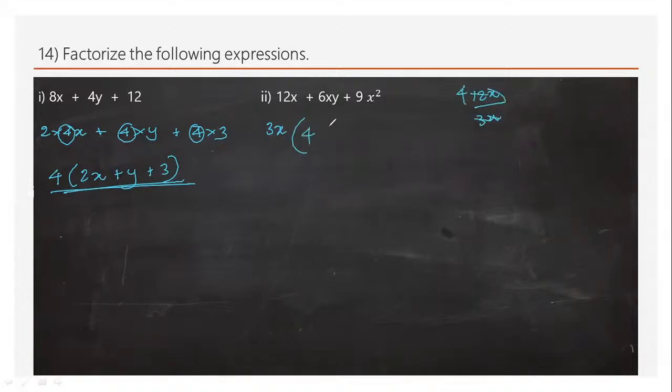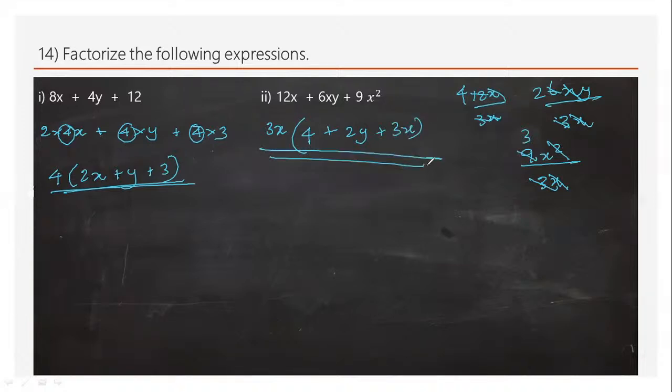Right, 4 here, plus 6xy divided by 3x, x to x simplify, cancel out, 6 and 3, 2y, plus 9x squared divided by 3x, cancel out this x to this x, cancel 9 and 3, that is 3x. So our answer is 3x bracket 4 plus 2y plus 3x. Next question, question number 16.